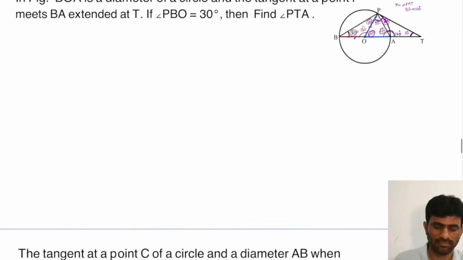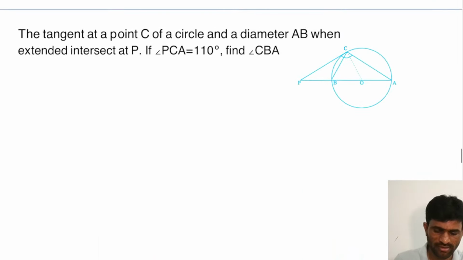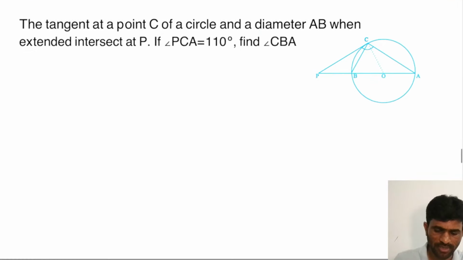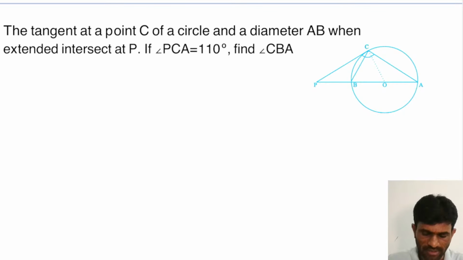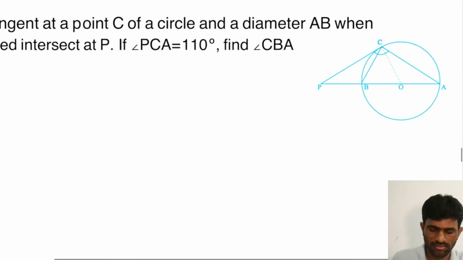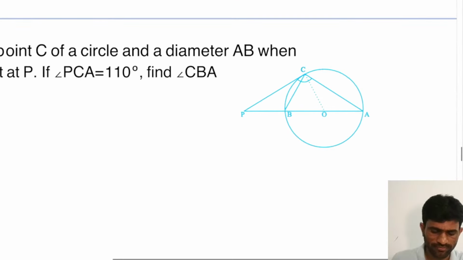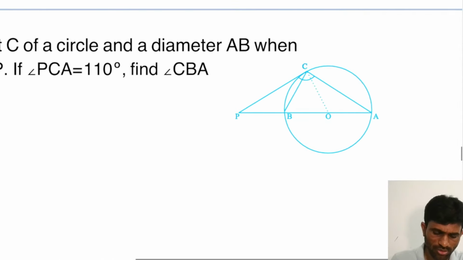So see this problem, we have to find angle CBA. PCA we know. Have to find angle CBA. Can you see the figure? PCA means this total angle is given.